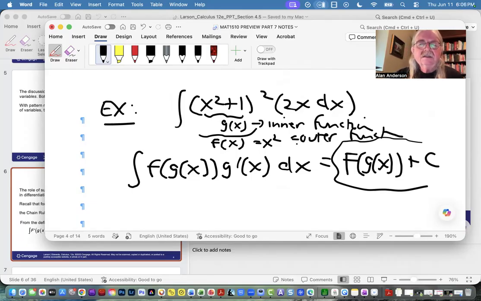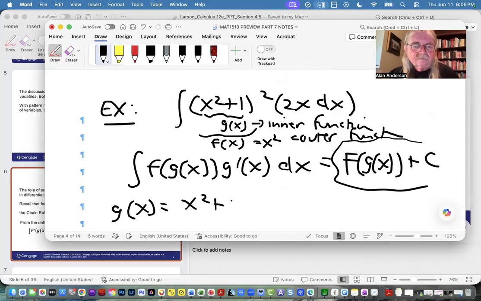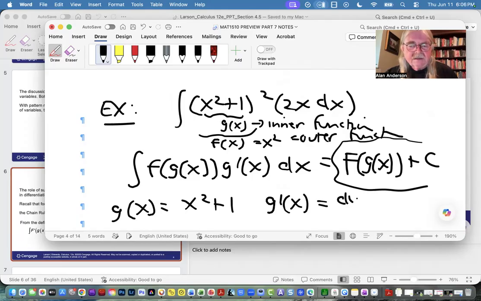Now, let's just say that we decide to make this substitution. Then g prime is... actually, no, we're not using u just yet. Sorry. g of x, g prime of x is 2x.